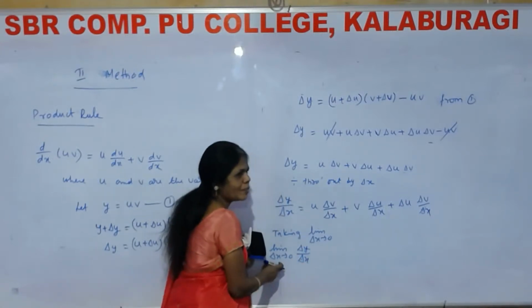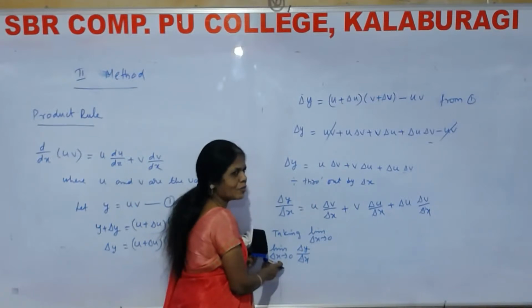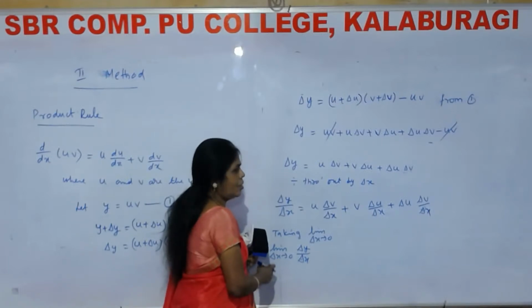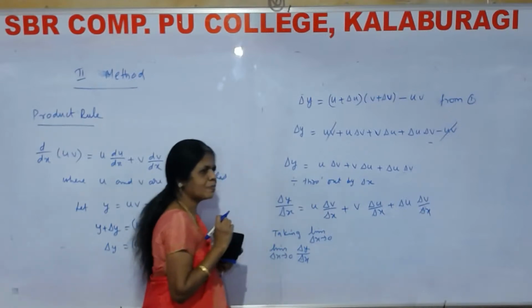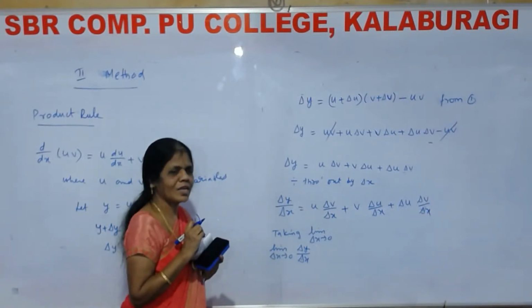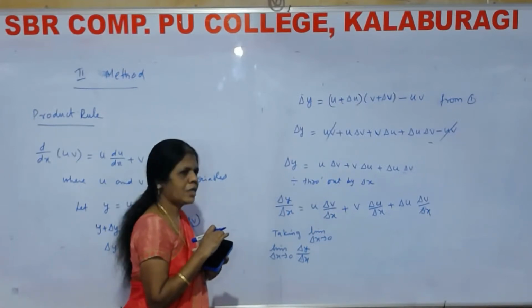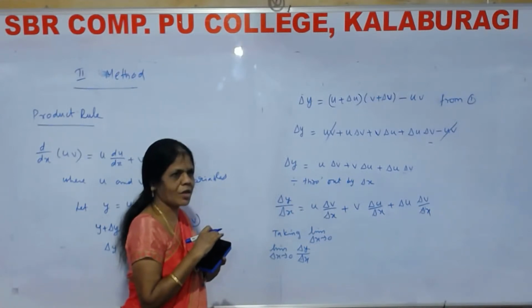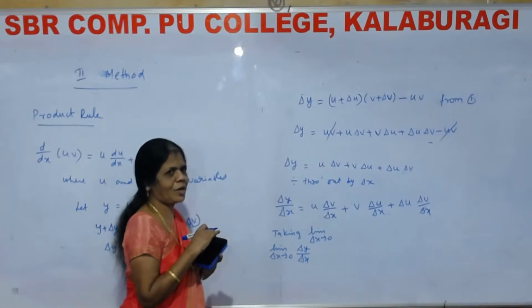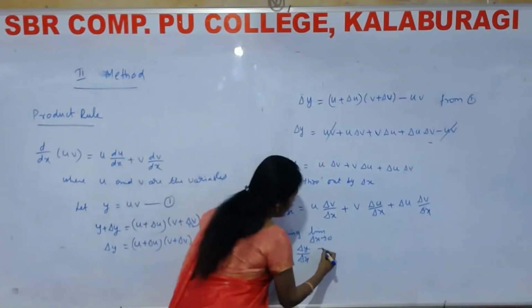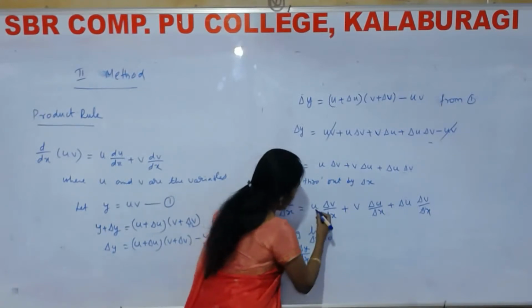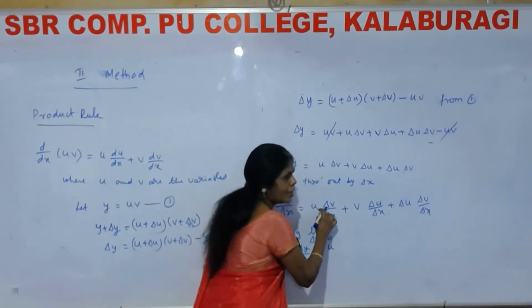This is nothing but what I taught you already in first principle. What is the short form of this? Limit delta x tends to 0, delta y by delta x together. How do you say? Turn all the pages and check and tell me. What you write in the next step? dy by dx. Okay? Equal to. Now listen. u is outside. I take only limit for this.